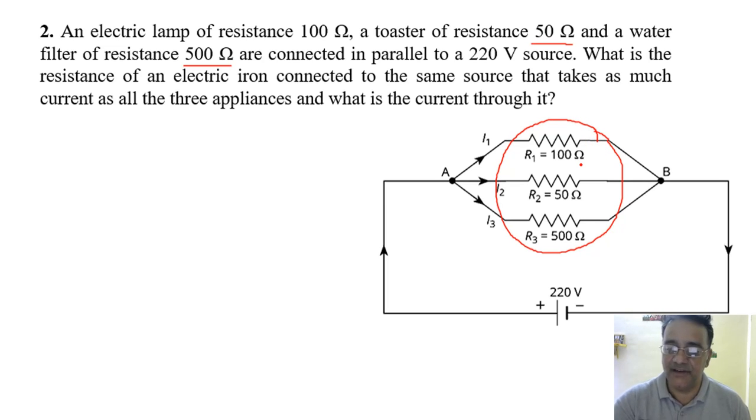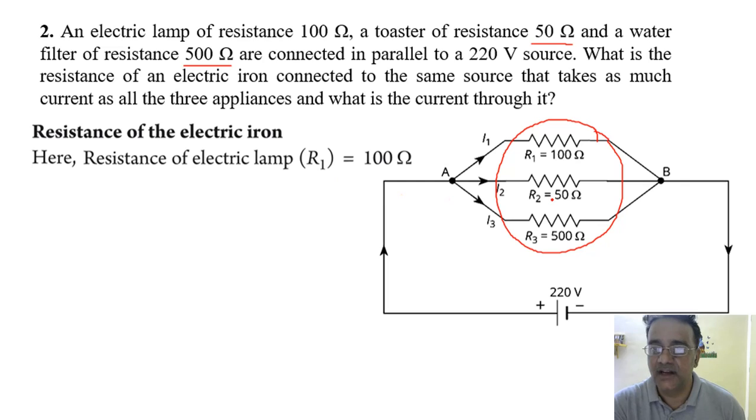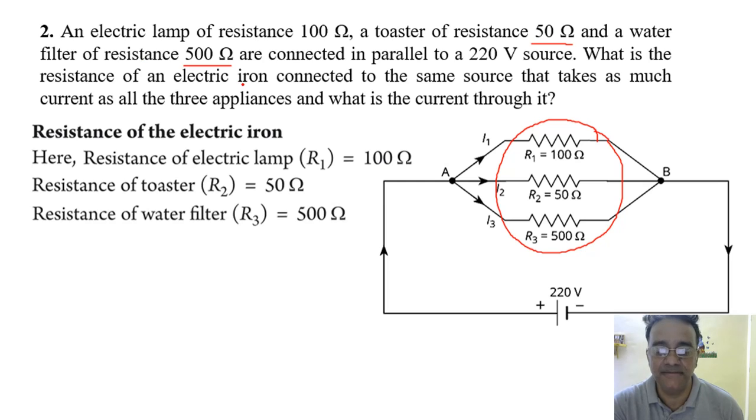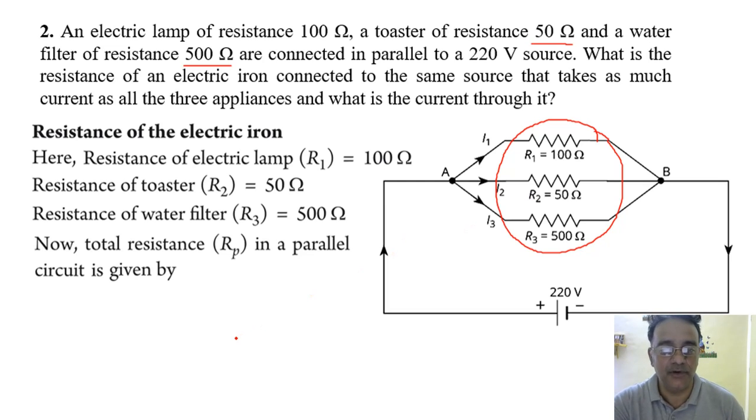So first we will find the equivalent resistance. R1 is the resistance of the electric lamp, R2 is the resistance of the toaster, and R3 is the resistance of the water filter. The total resistance of all these three we will take as Rp. So 1 upon Rp is equal to 1 upon R1 plus 1 upon R2 plus 1 upon R3.